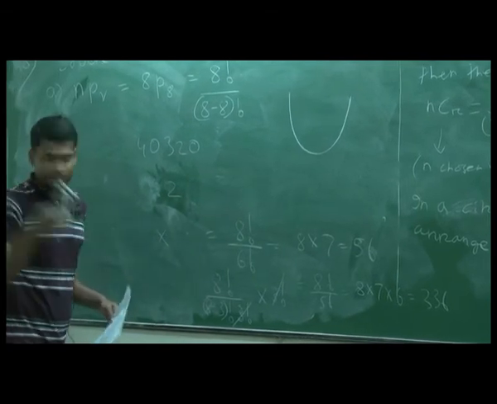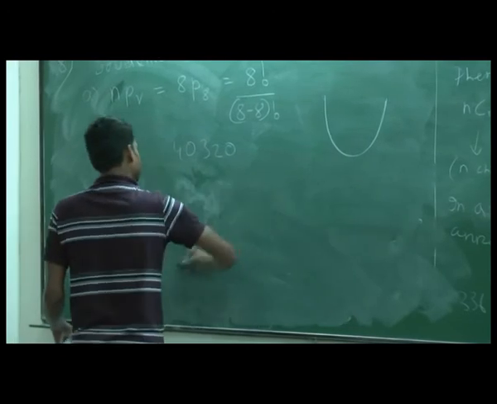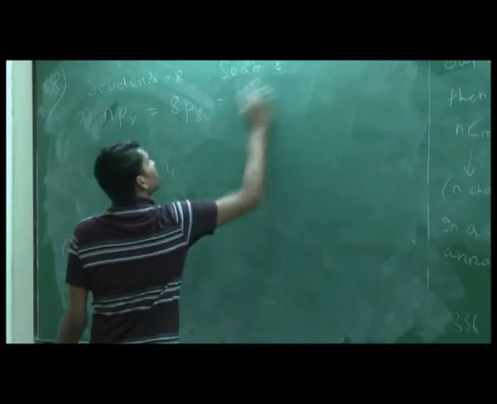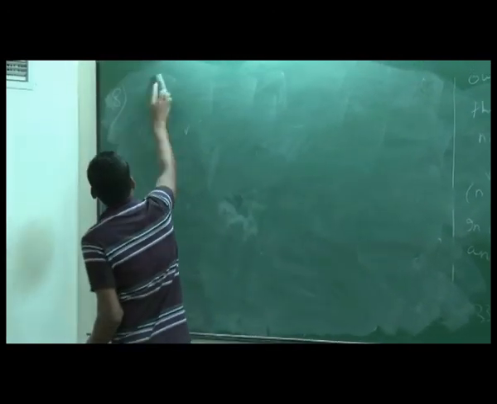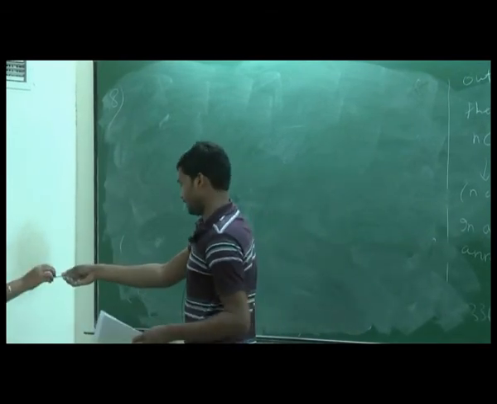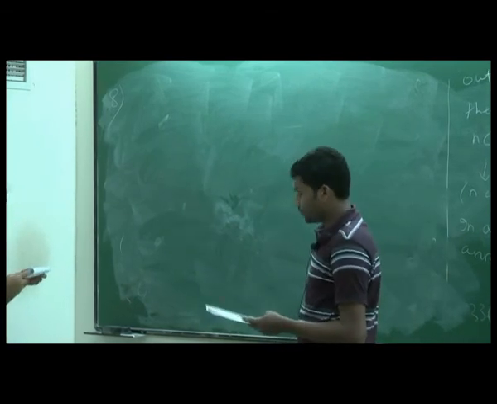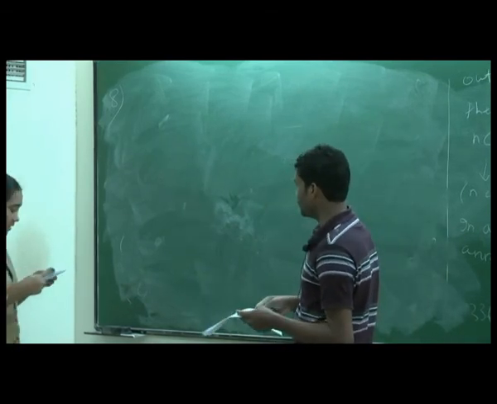First, read the question for them. How many 7-digit telephone numbers can be formed if the first digit cannot be 0 or 1? So what is the task? We have to form 7-digit numbers, right?